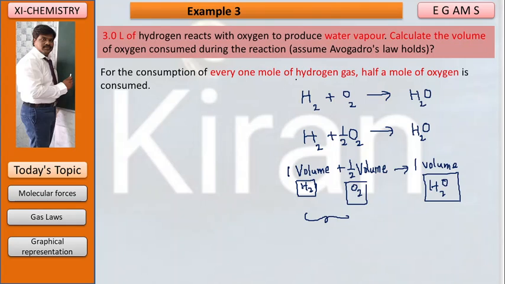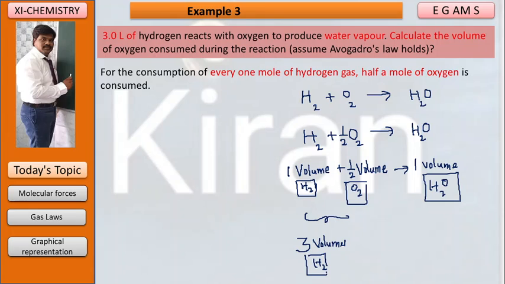Very simple, 1 mole is nothing but 1 volume. Remember, 1 volume of hydrogen gas reacts with half volume of oxygen gas that produces 1 volume of water. When 3 volumes of hydrogen are reacting, expect the answer.